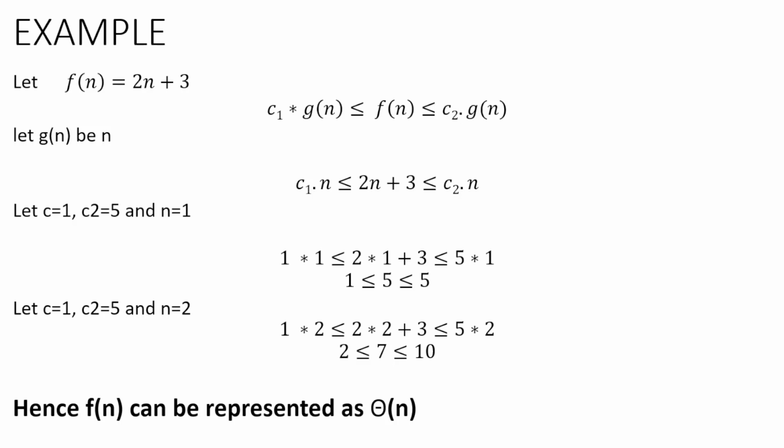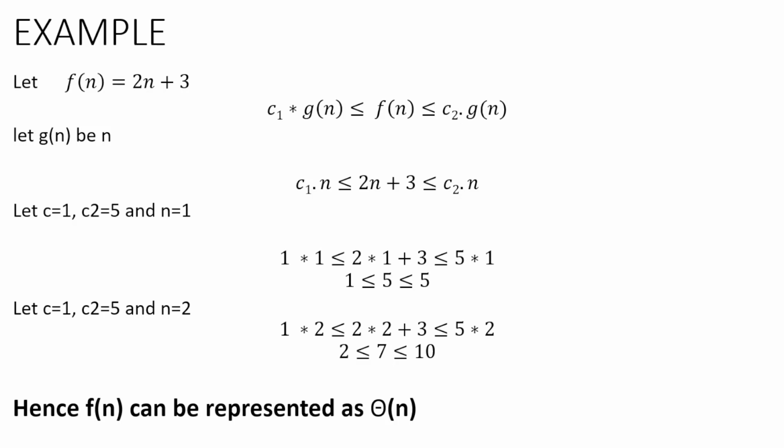Substituting, we get c1 into n less than or equal to 2n plus 3, which is less than or equal to c2 into n. Let us take value of c1 as 1 and c2 as 5 and let n be equal to 1. So we get 1 into 1 less than or equal to 2 into 1 plus 3 less than or equal to 5 into 1. So 1 less than or equal to 5 less than or equal to 5. Condition holds good.